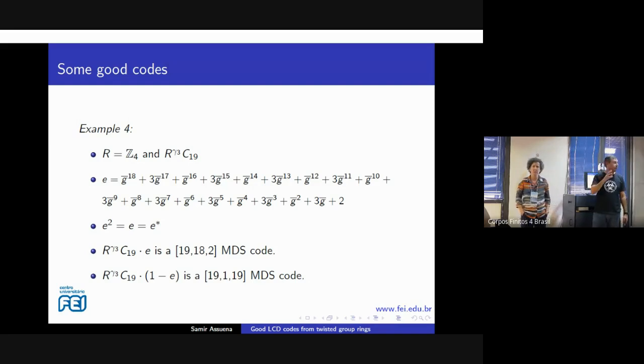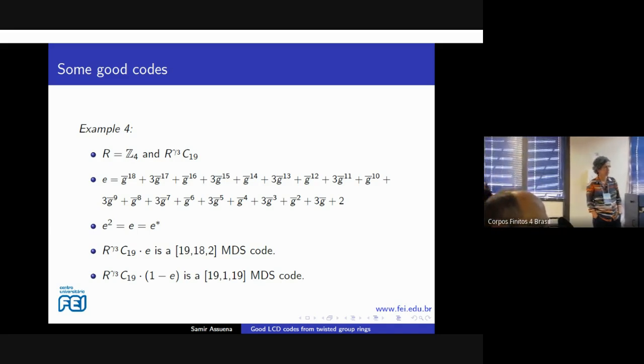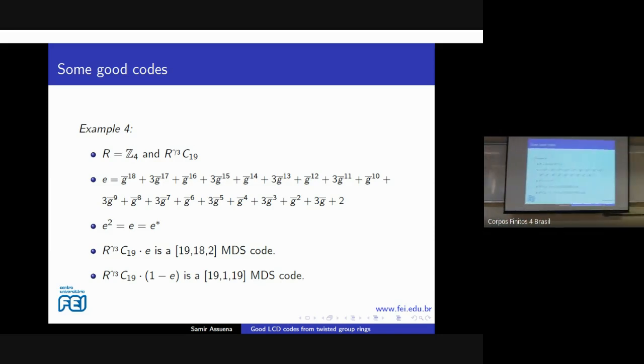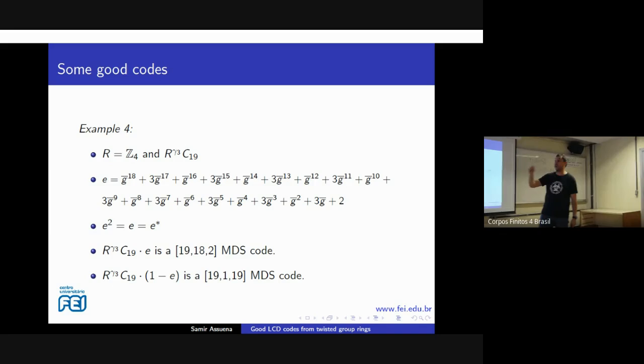We need to be careful here, because if we consider characteristic 2 over F2, we just have the group modules. But here you have a ring like Z4 or other kinds of rings. The difference is that we know very well the group of units of this ring: it's cyclic, so we have just one subgroup of order 2.